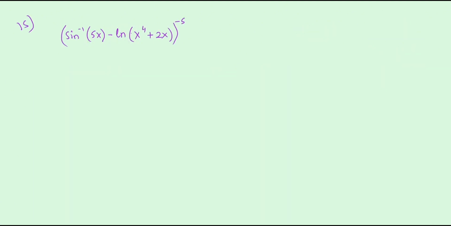In this last example, we are deriving the inverse of sine of 5x minus natural log of x to the 4th power plus 2x, all raised to the negative 5th power. Let's start with the rules. First rule, the derivative of an inverse sine function is equal to 1 over square root of 1 minus x squared.